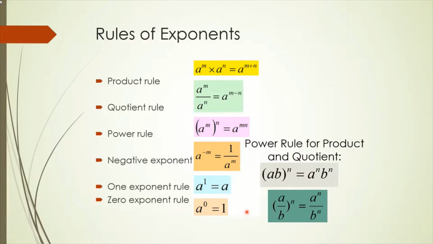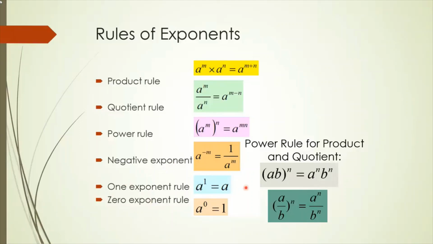All right, so radicals are related to the exponent rules. The square root or cube root is practically the same as a rational exponent, or an exponent as a fraction. So all these rules apply.